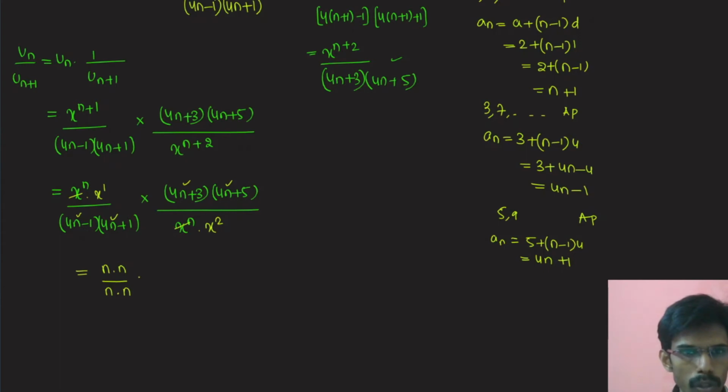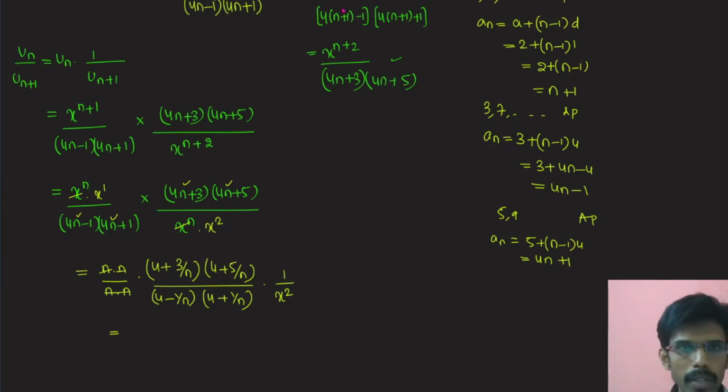Now the left out terms are 4 plus 3 by n, 4 plus 5 by n, upon 4 minus 1 by n, next 4 plus 1 by n, into 1 by x square. Now these n's will get cancelled.